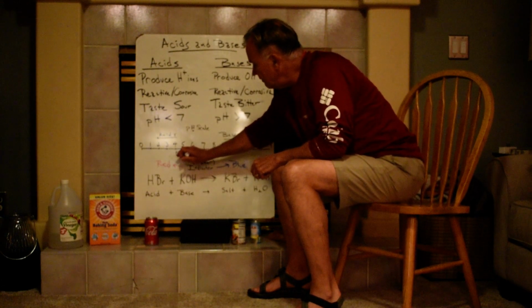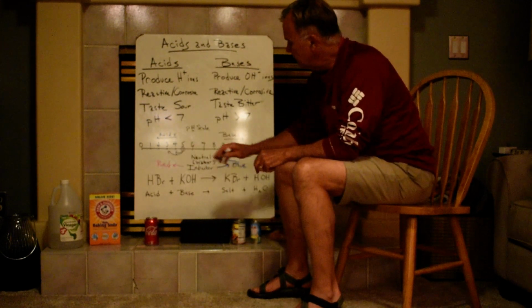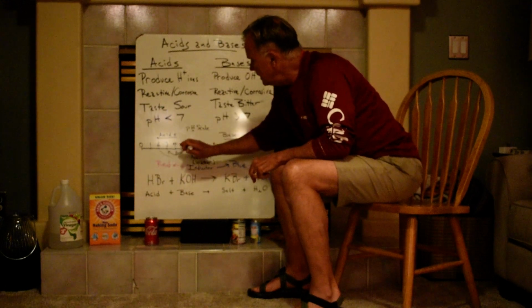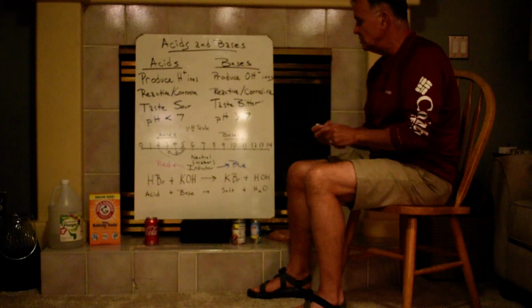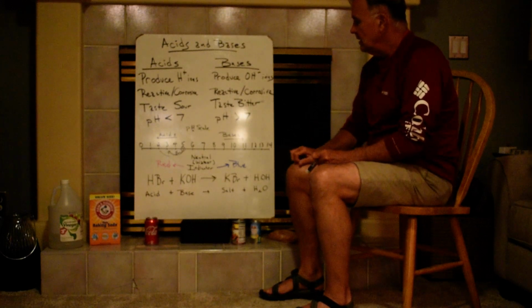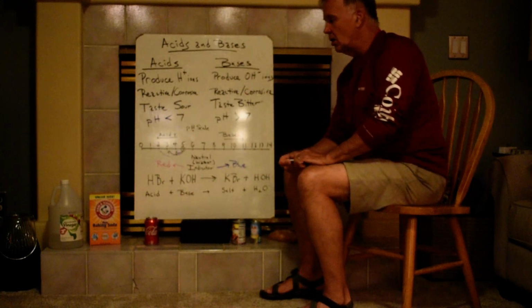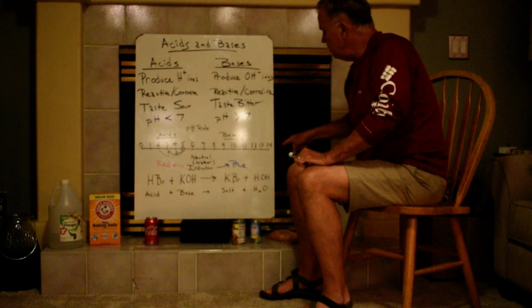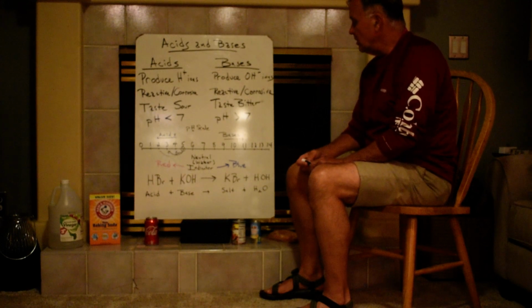If you went from 5 all the way to 3, it would be 10 times 10, or 100. If you went from 5 to 2, it would be 10 times 10 times 10, or 1,000 times. So it's an exponential scale. The lower the number you go, the stronger the acid. The higher the number you go, the stronger the base is.